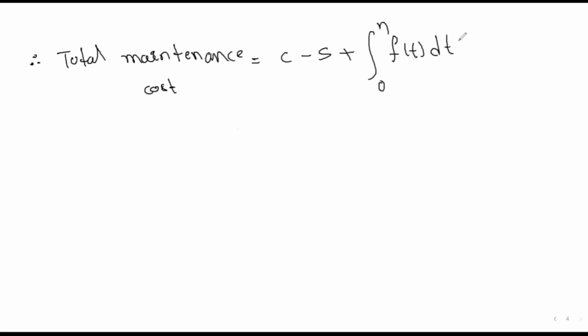So according to that formula, capital cost minus scrap value plus maintenance cost, that is capital cost C minus scrap value S plus maintenance cost. We want maintenance cost for the n years, so that is integration 0 to n f of t dt.